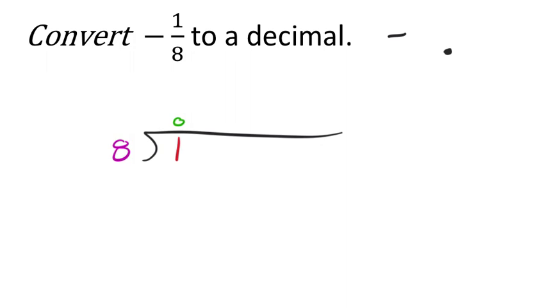So I put my 0 there on purpose because it won't go into 1, but now I'm going to make that 1 a decimal with a 0 in the tenths place value. I want this 0 here. And instead of looking at the dividend as 1, I now look at it as 10. And 10 is big enough for 8 to go into.